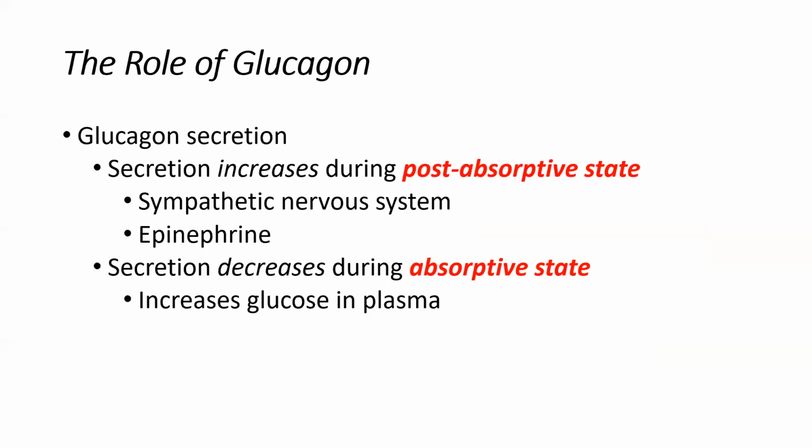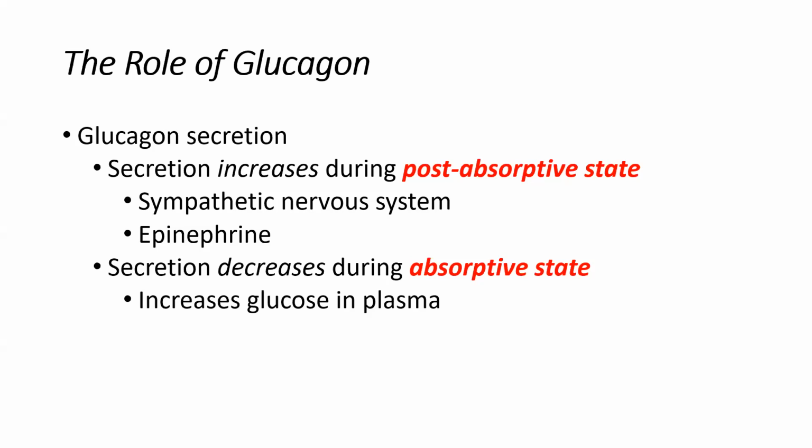This is in alignment with the sympathetic nervous system, the fight or flight response. We also see increased glucagon secretion here as well. And that is also aligning with epinephrine. So these three things are secreted along that post-absorptive state: epinephrine, glucagon, and that is eliciting that fight or flight response. Whereas glucagon secretion will decrease during the absorptive or fed state.